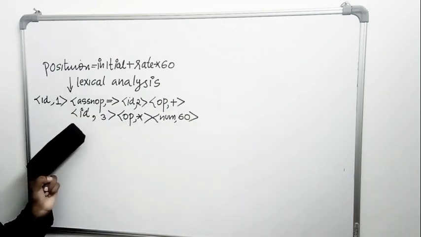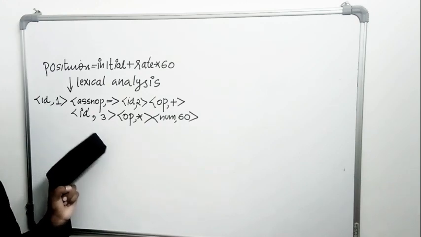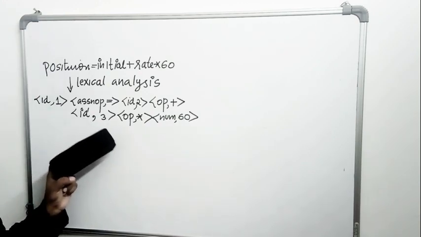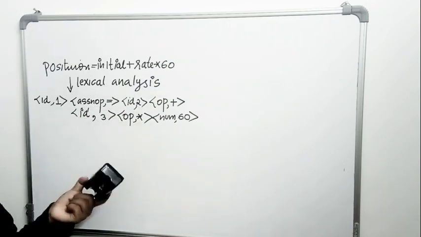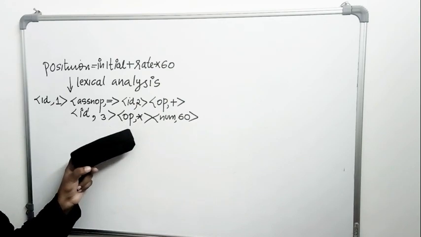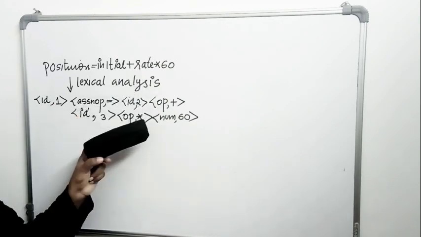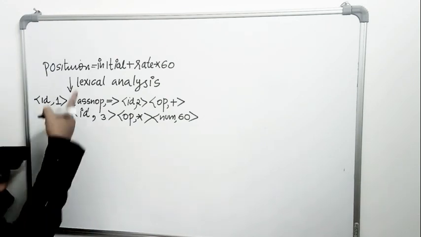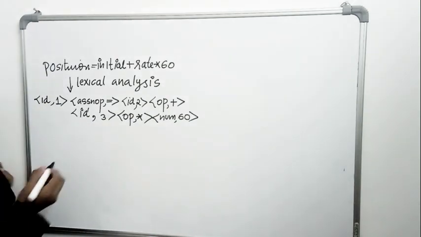Now rate again is an identifier, so ID, comma 3. Here 3 means that rate is present in the third row of the symbol table. Now star is again an operator, so the token returned is OP and the token value is star. Now for 60 the token returned is num and the value is 60. So this is the output of the lexical analysis phase.